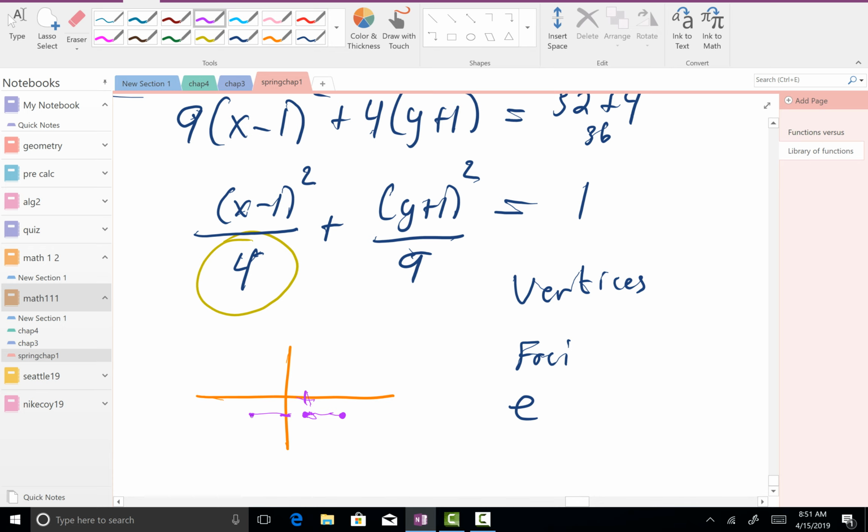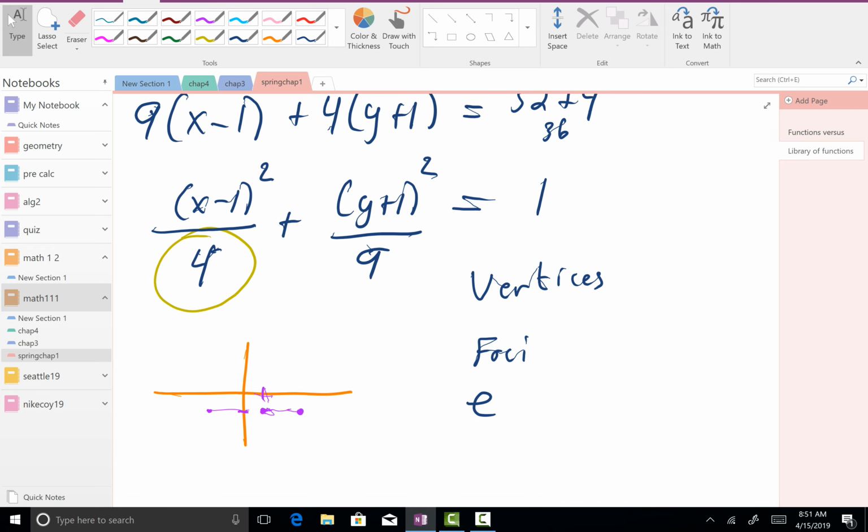Okay, so let's see my vertices. I got 1, 2, 3, and down 1. That's one vertex, and the other would be over 2, so it'd be -1, -1. We good with that? Okay, now we're going to do the major axis. So up 1, 2, 3, down 1, 2, 3.